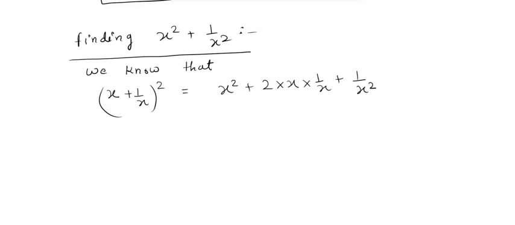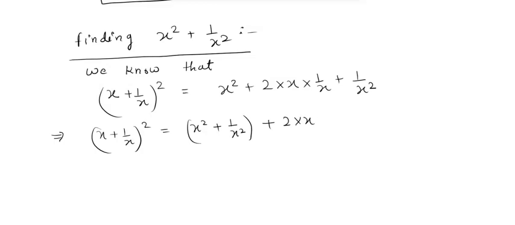Okay, so here you separate x square plus 1 by x square. So we will get x plus 1 by x whole square is equal to x square plus 1 by x square plus 2 multiply x multiply 1 by x.